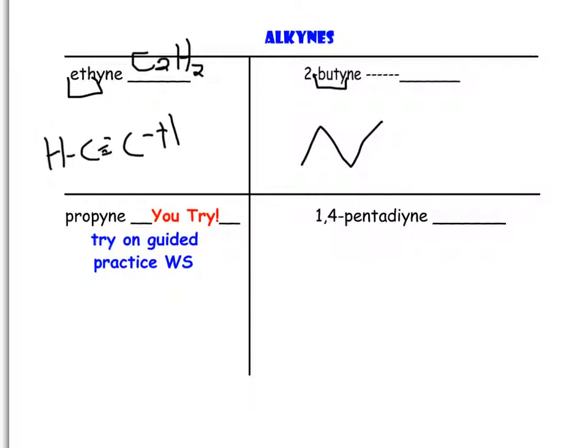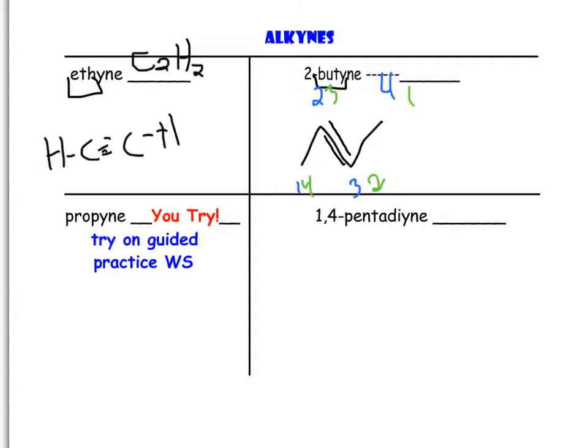Since this has 4 carbons, I'm just going to draw the skeleton formula. And this 2 indicates that the triple bond occurs on the 2nd carbon. So if we go through and draw this one, it's going to look like this, and this one works either way. I could either name this as my 1st carbon, 2nd, 3rd, and 4th, or I could name this as my 1st, 2nd, 3rd, and 4th.